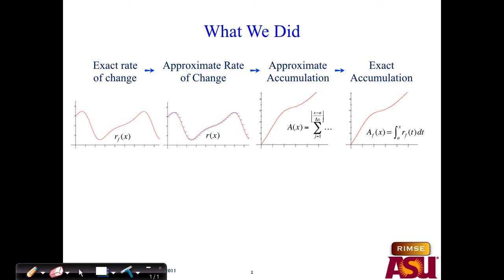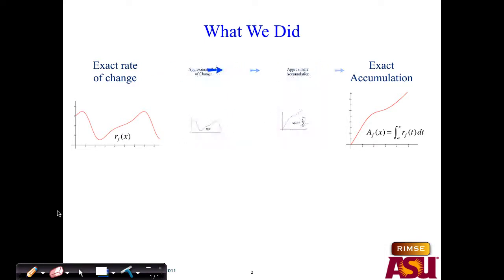But if we can generalize that process, then we took that, shrunk down our delta x length intervals until they're extremely small, so that we were essentially using all the values of the rate function. We ended up with a way to write exact accumulation, and we can just go from exact rate directly to accumulation without the middle steps, but knowing that that's why we're allowed to do that. That's what our open form notation, this exact accumulation written as an integral function, is expressing.